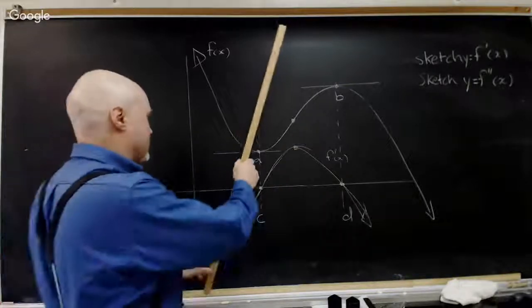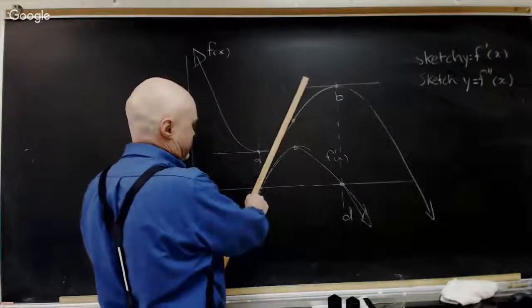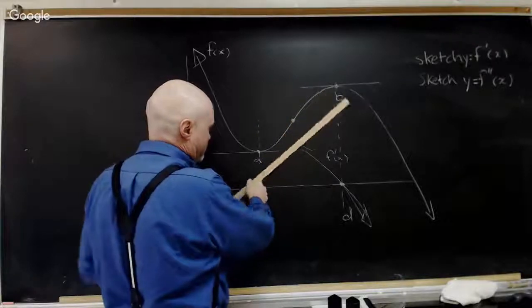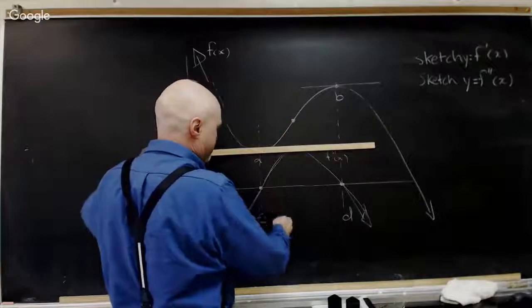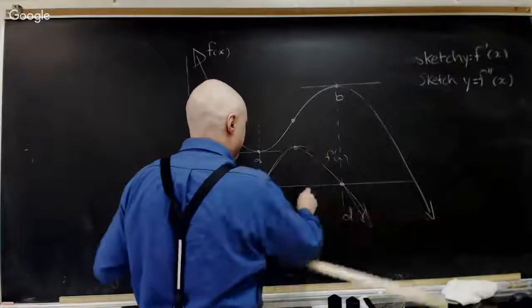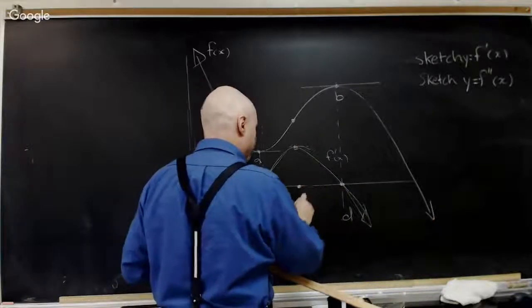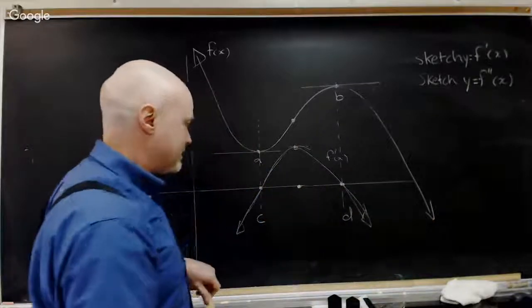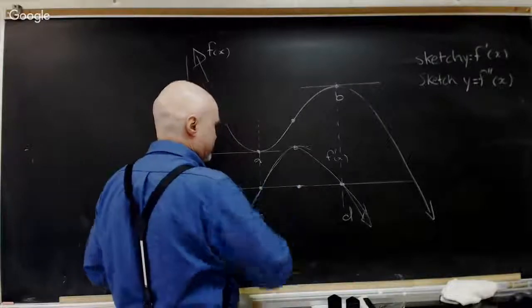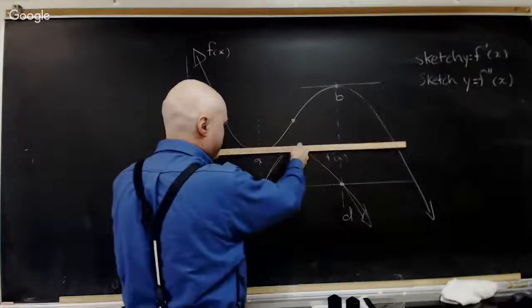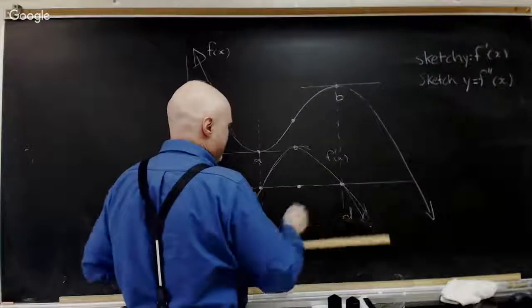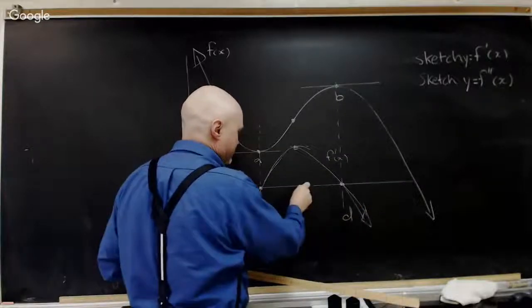Okay, if I were looking here, I can see that the slope of my derivative function is 0 right here. And so my second derivative is going to intersect the x-axis down here. Okay, so the slope of the first derivative is 0 there. My second derivative is going to have a value of 0 right here.